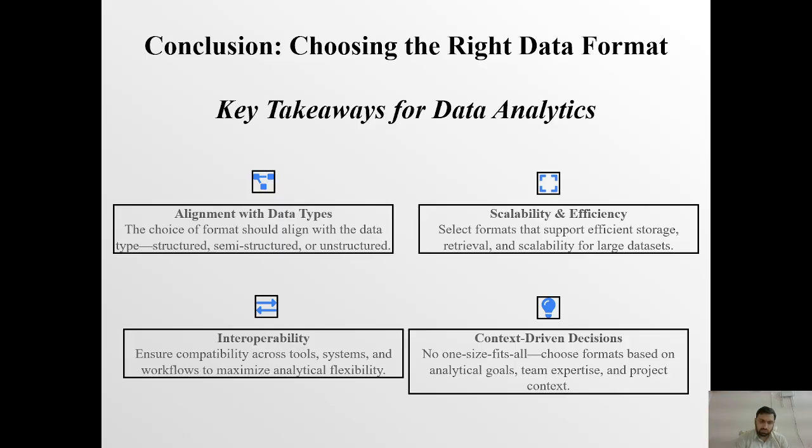Interoperability ensures compatibility across tools, systems, and workflows to maximize analytical flexibility. Context-driven decisions: no one size fits all. Choose formats based on analytical goals, team expertise, and project context.